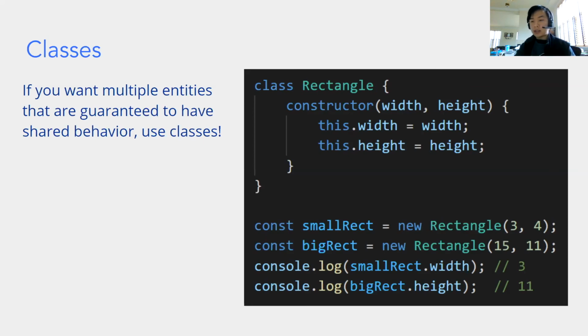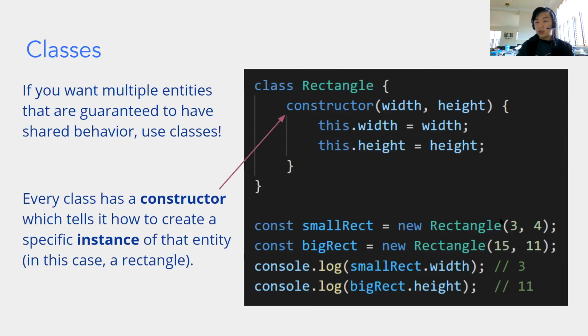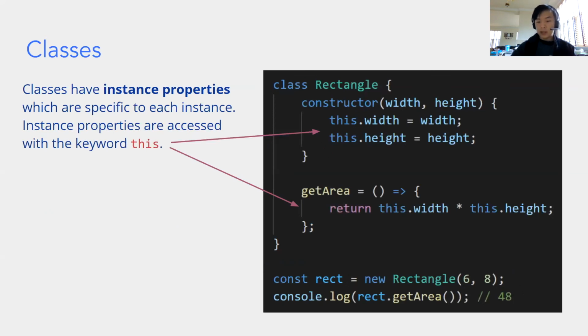So you can have this idea of a rectangle, has a width and a height, and this constructor tells you how to build one. You just input a width and a height, and it stores its own personal values for width and height. Once you've done so, you can access its properties using this dot width, this dot height.